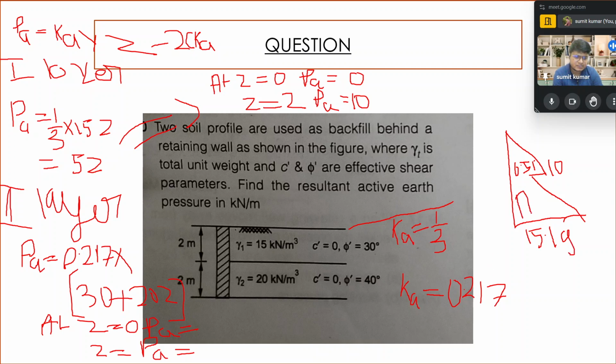The area is our answer, because the question is asking in that manner. 6.51 and 15.19.